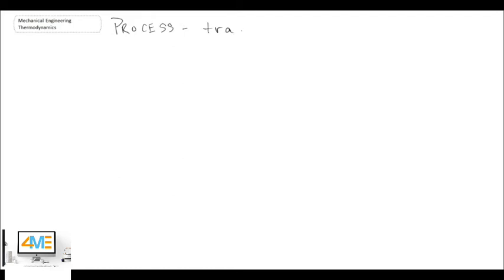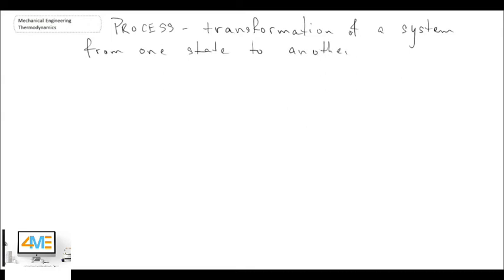And what a process is defined as being is the transformation of a system from one state to another state. We usually call these two states, the beginning and the end, we refer to them as being the end states of a process.